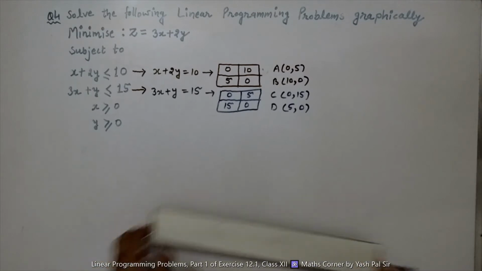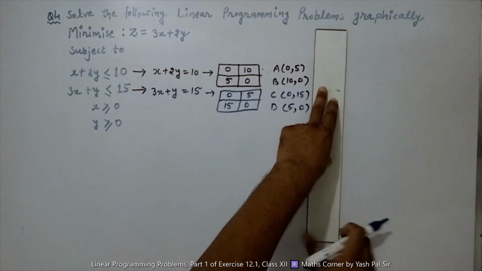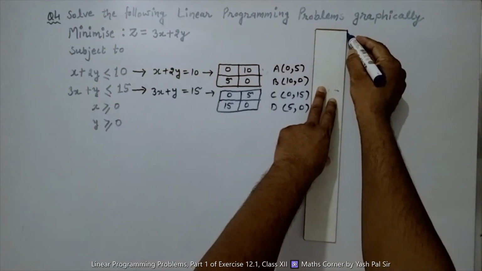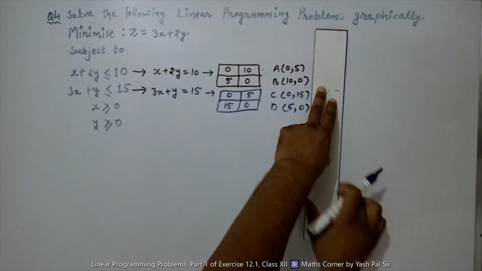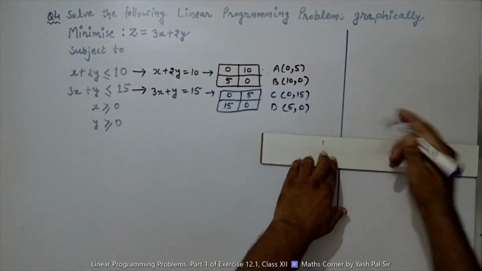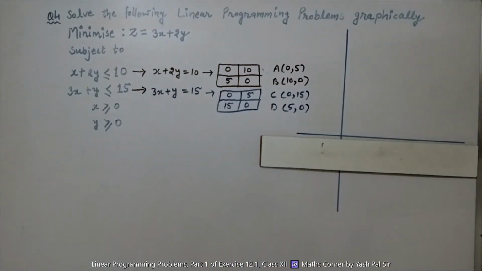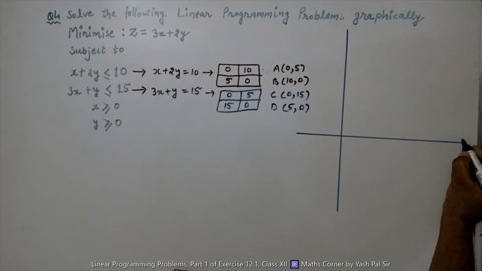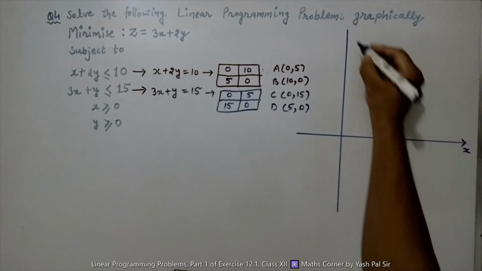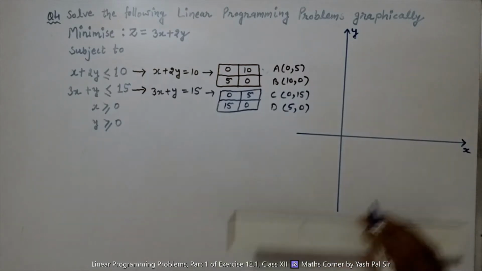This is the Cartesian plane. Like this we are going to have y axis. This is x axis. Okay, so here this is x axis, this is y axis.